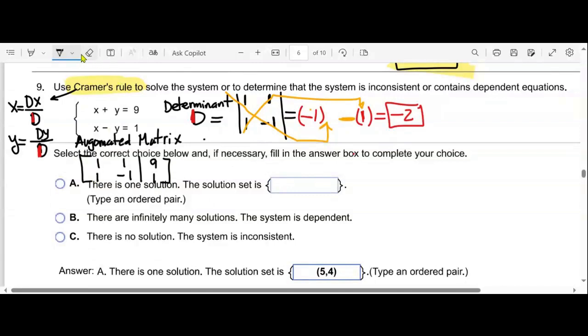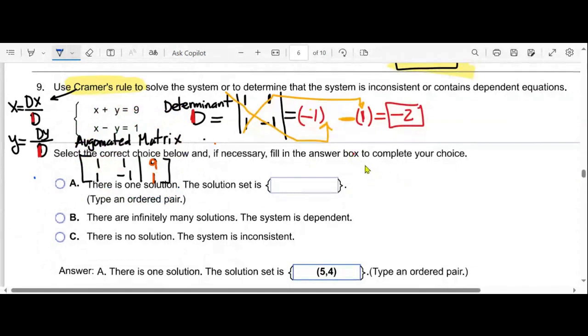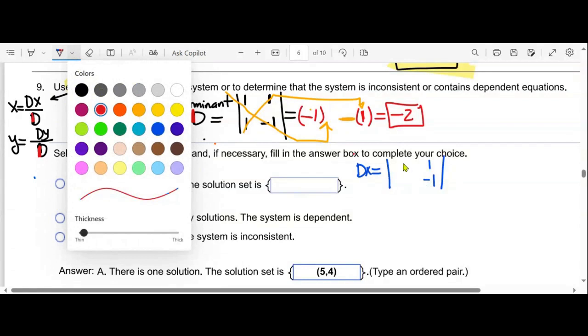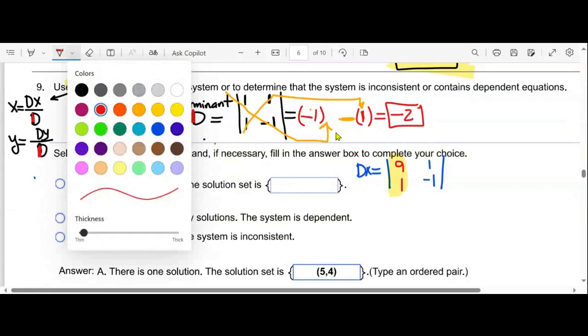Now, how can I get dx? I will replace x by the constant, 9 and 1. Then we just do the multiplication again.